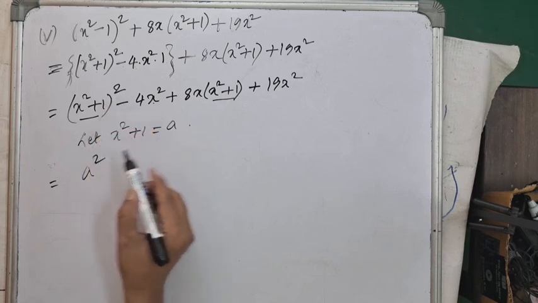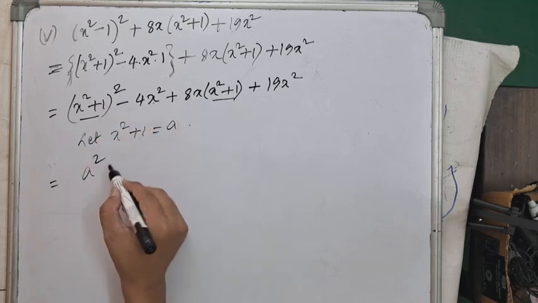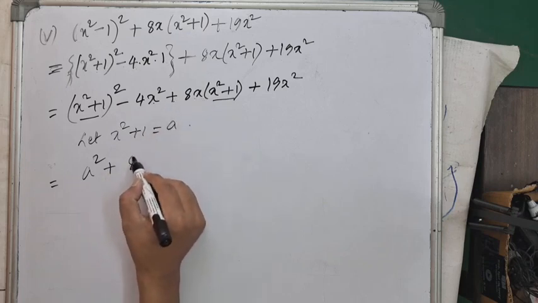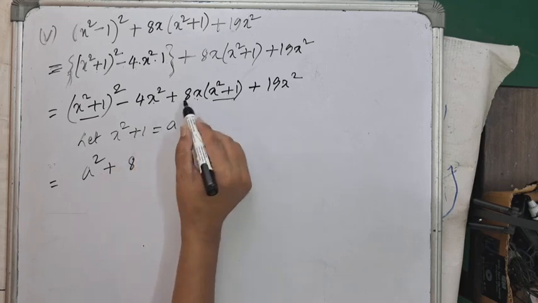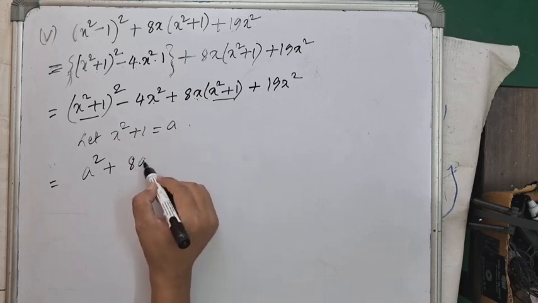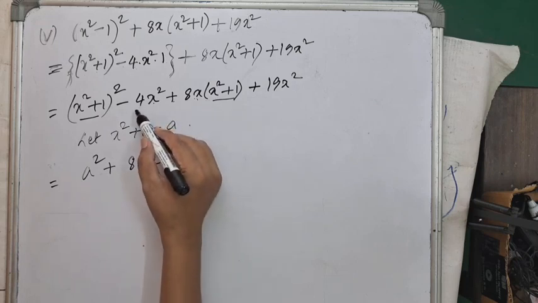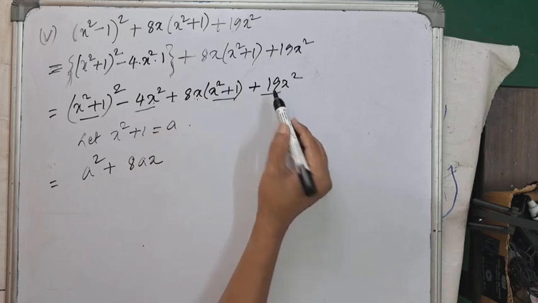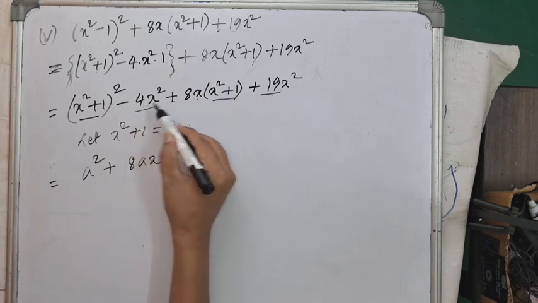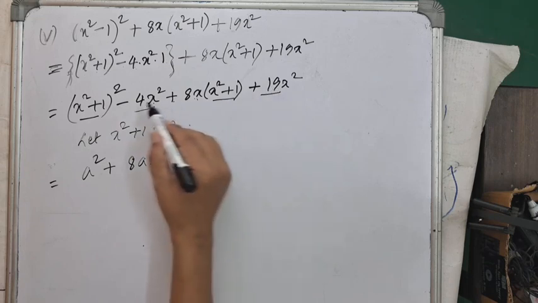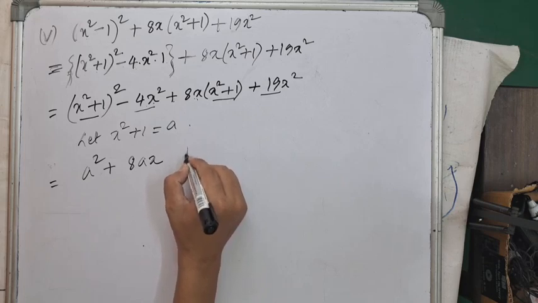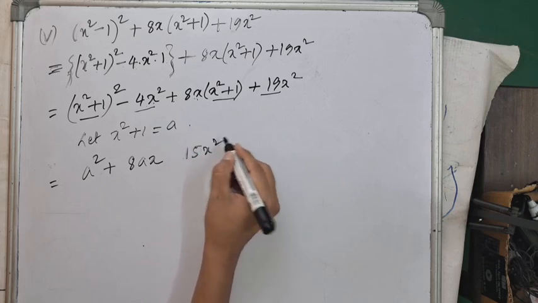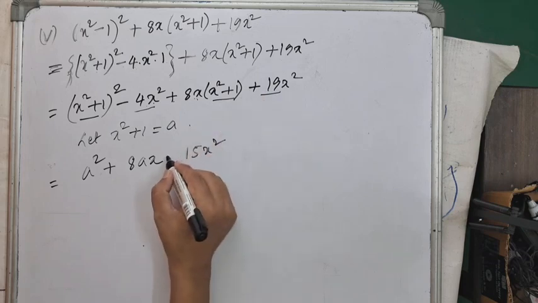Now plus 8x into x square plus 1, which is a, 8x into a is 8ax, isn't it? And here we have minus 4x square plus 19x square, opposite sign. 19 minus 4 is 15x square. Sign of greater number is plus, so we write plus here, okay?